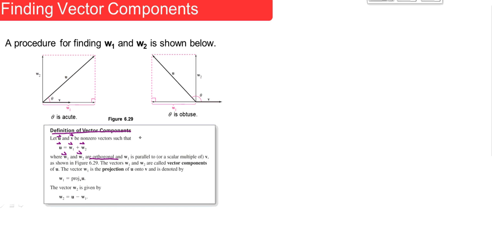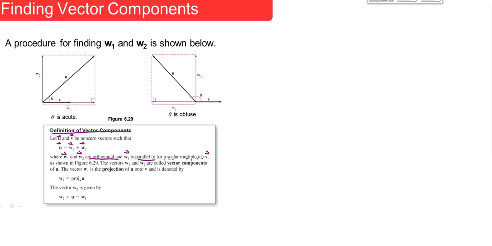And w1 is parallel to vector v, or a scalar multiple of vector v. It's a little hard to see, but vector v is shown right there, and w1 is shown all the way there. So those are scalar multiples of each other. If I know one, I can multiply by some scalar to get the other.